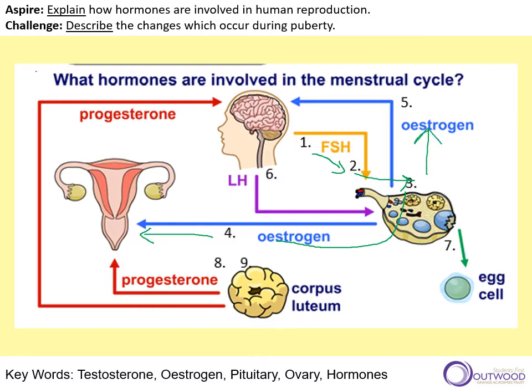So 2 effects estrogen has. 6 from here, LH, back to number 7. Number 7 has this effect, but also 8 and 9 have an effect back onto the brain. So what I'm going to do is I'm going to rub those out.